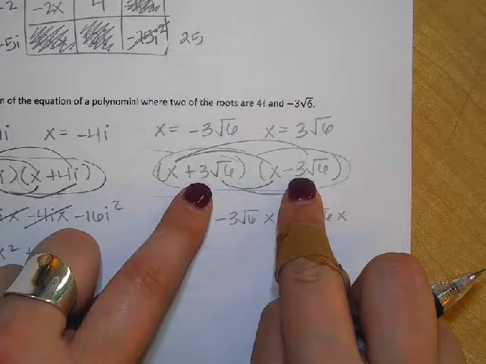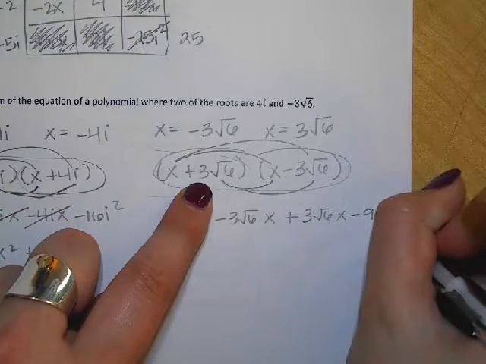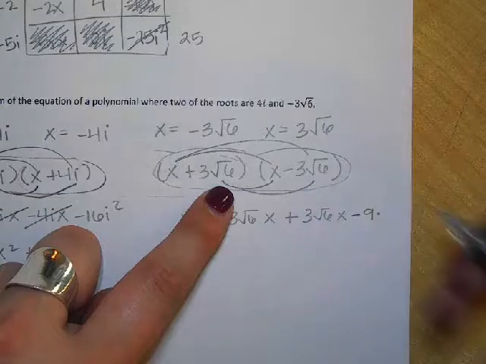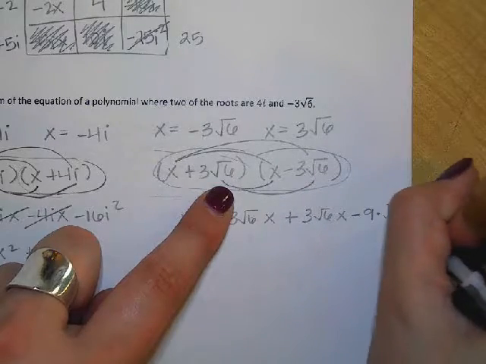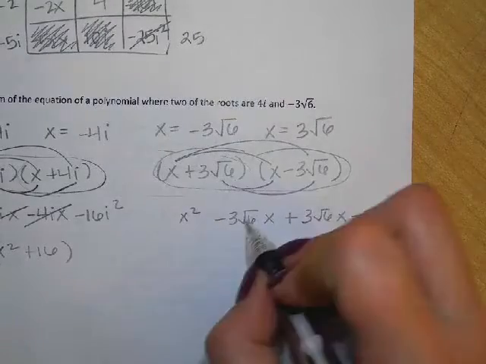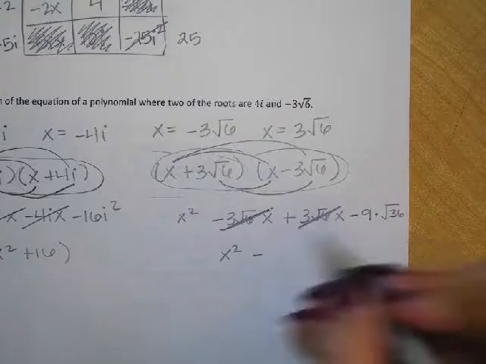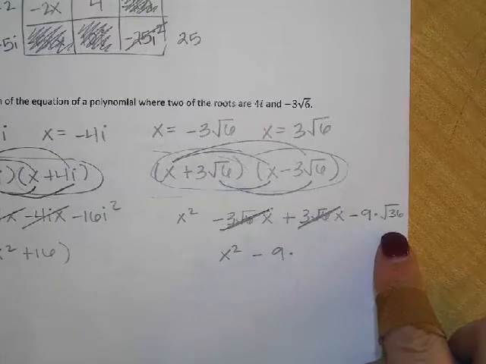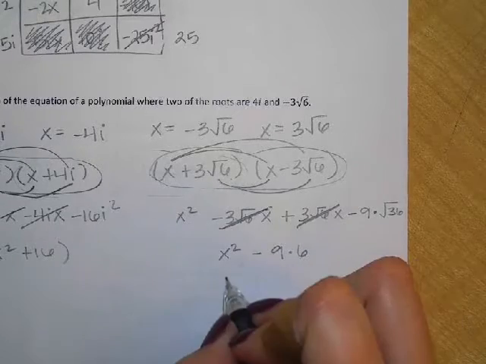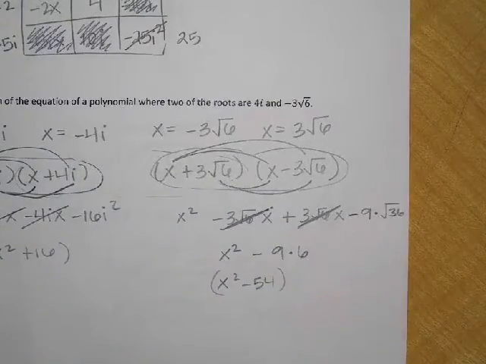What is 3 times 3? 9. So I'm going to say minus 9 times square root 6 times square root 6, square root 36. Okay. So what happens with these two? Those are gone. Okay. So we have x squared minus 9 times, what's the square root of 36? 6. What's 9 times 6?